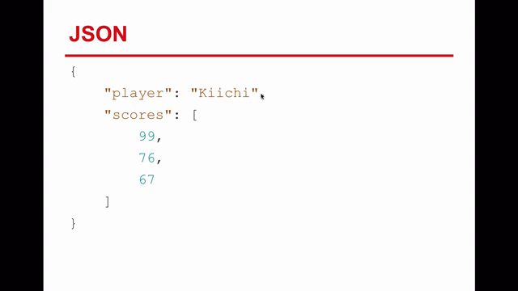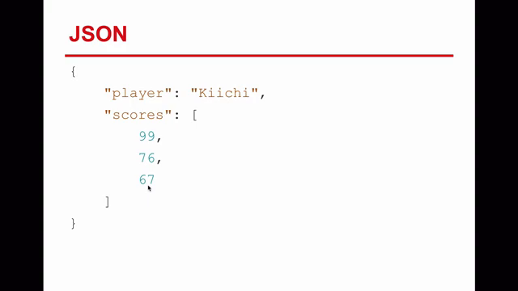So you can read this JSON format like the player name is Kichi and scores, it's representing an array using the square bracket with comma. So the bracket, and it's using the integer, comma, integer, comma, integer.